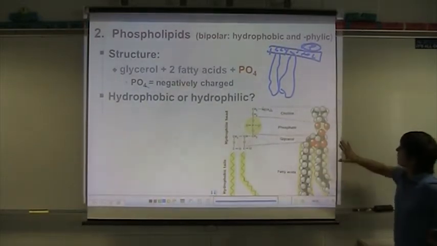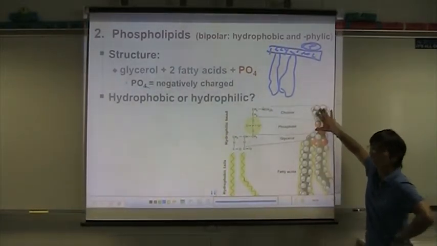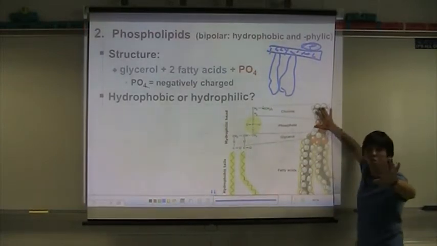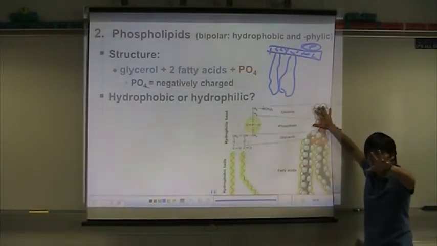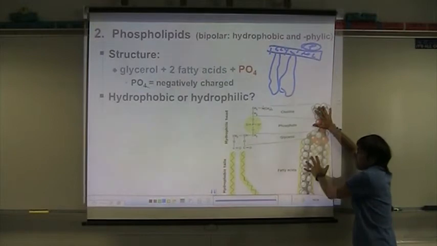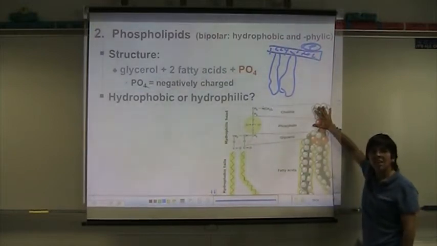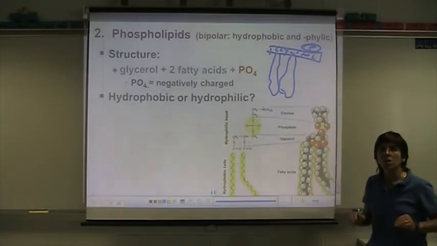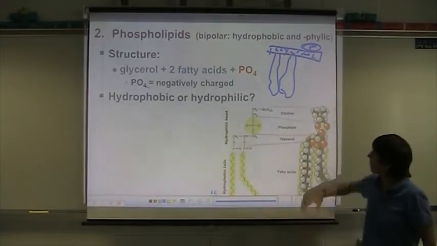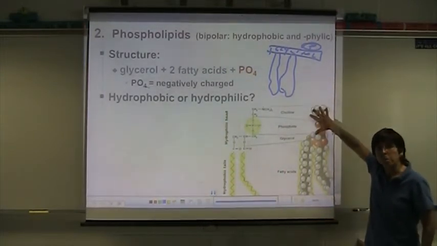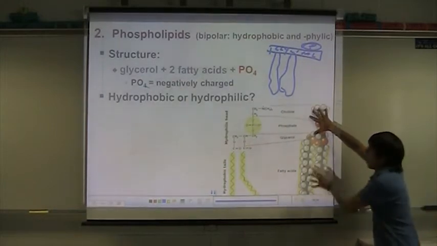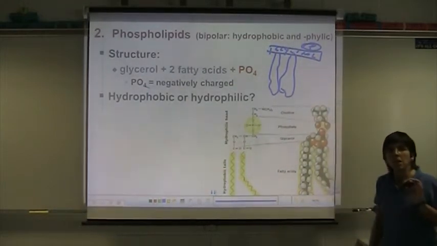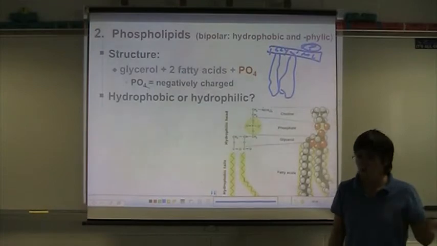A phospholipid has this phosphate that has a lot of oxygen, so it's going to be charged somehow, a little bit, and has these fatty acids that are totally full of hydrogen and carbon, totally non-charged. So right here, you have a molecule with split personality. One part of the molecule is polar, is charged, and the other part of the molecule is non-polar, no charge.